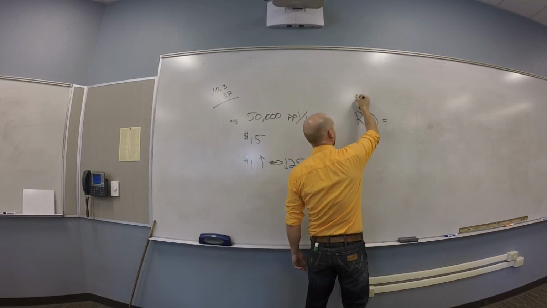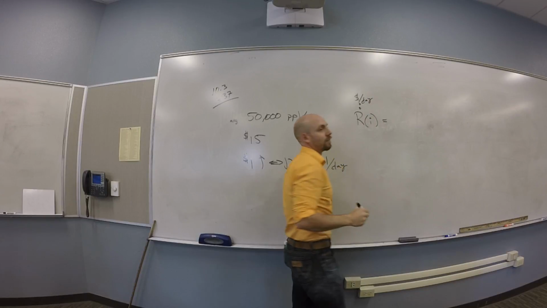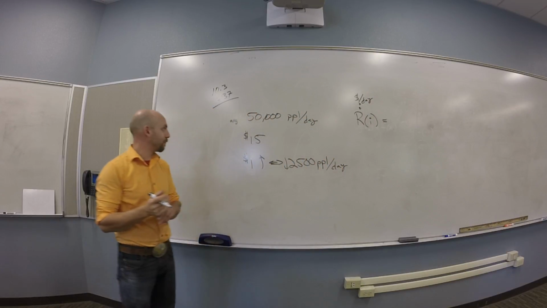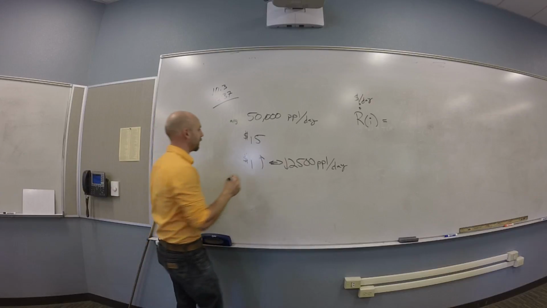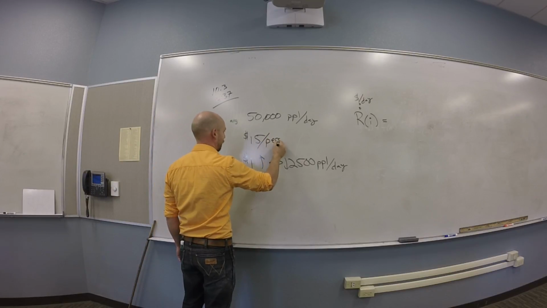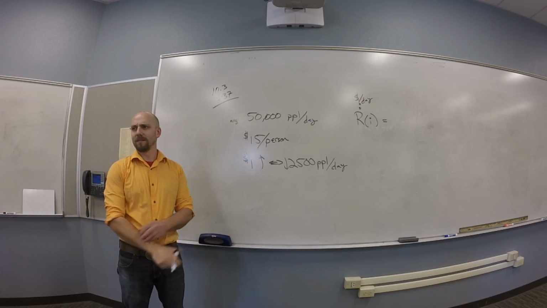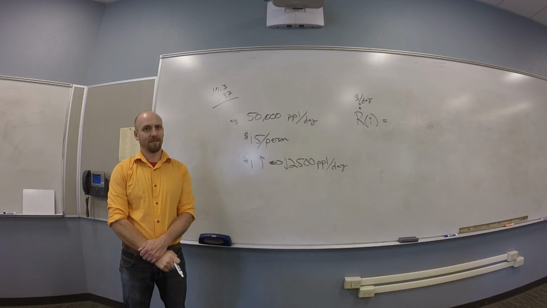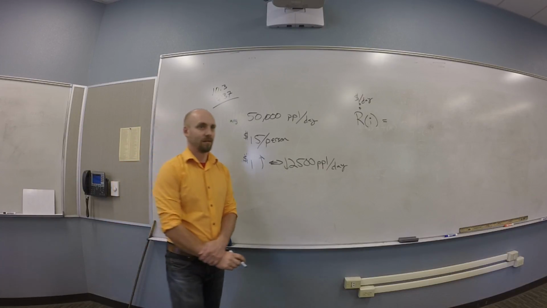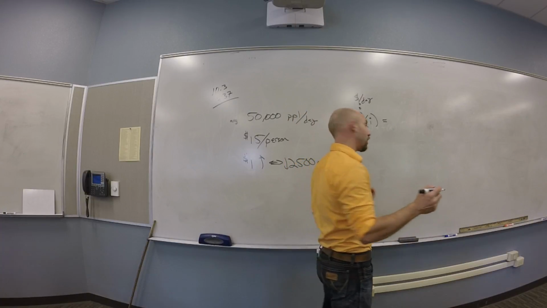So I need to think dollars, per day. To get dollars per day out of people per day and presumably dollars per person, how am I going to do this? We start out with 50,000 people a day, multiply by $15 per person. I think that's a good starting strategy, right?